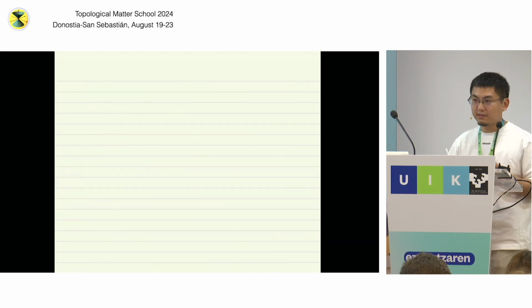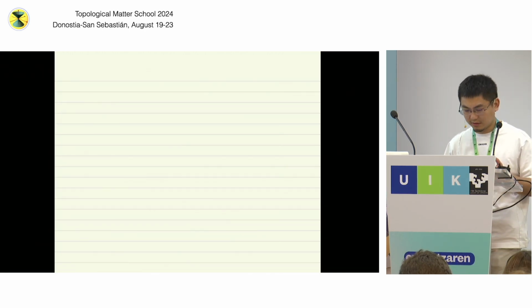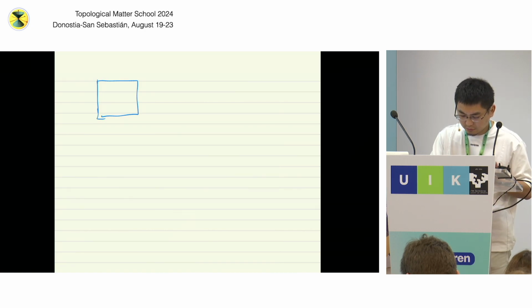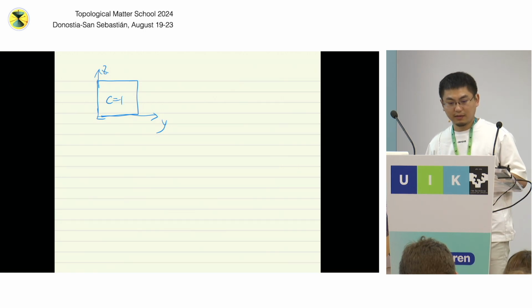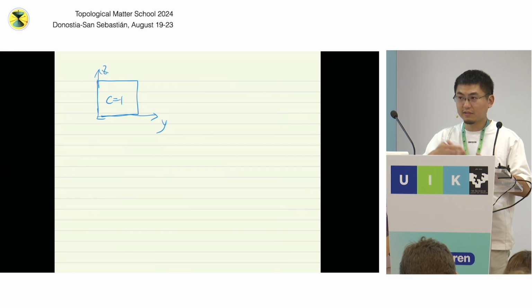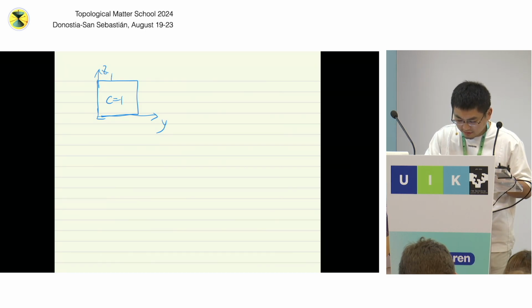So let's consider how to construct a 3D Chern insulator. We can start with a 2D Chern insulator perpendicular to the x direction. This is the real space. This is y. This is z. Okay. So we have a Chern number 1 here, and then we put a copy of this 2-dimensional Chern insulator at another x position.